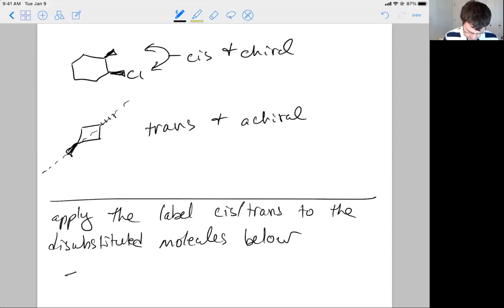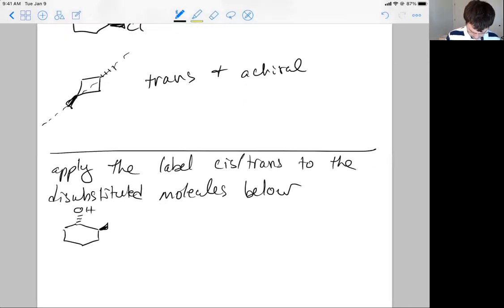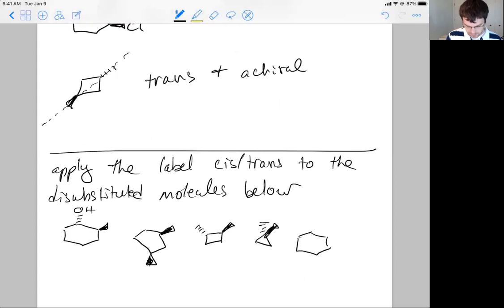Okay, so we go from a 6-membered ring to a 5-membered ring to a 4-membered ring to a 3-membered ring to a benzene to a butane chain.